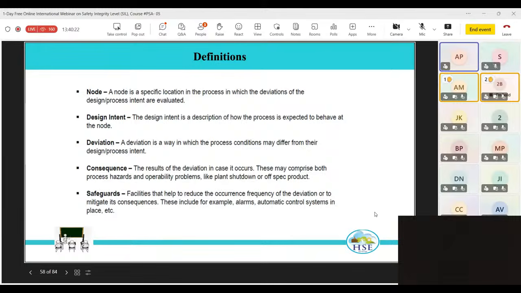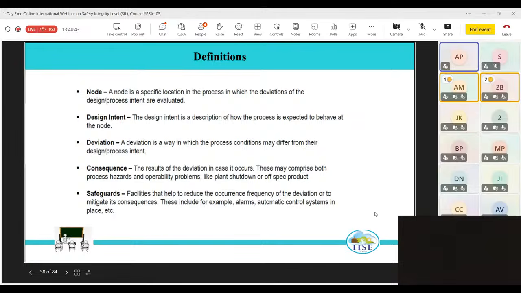Okay. Then safeguards are facilities that help to reduce the occurrence frequency of the deviation or to mitigate that consequence. These include, for example, alarms and automatic control systems in place. The alarms will always tell you that something has deviated.